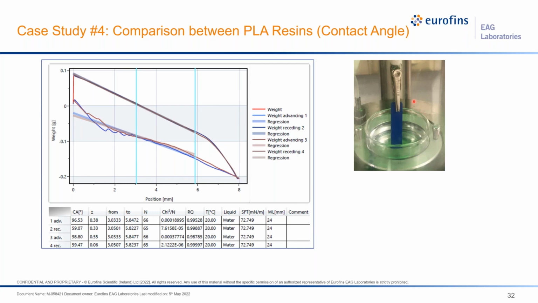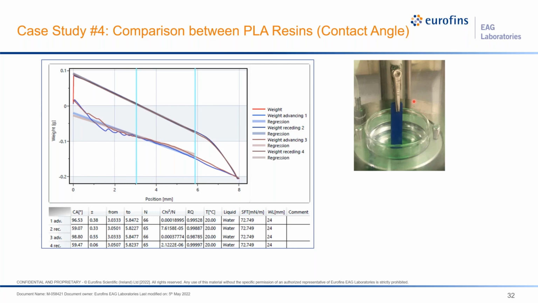So how has the surface changed now that it's been dipped in water, now that it has some water on the surface? How wettable is it now? And the difference between the advancing angle and the receding angle is contact angle hysteresis. So that's telling us a little bit how the surface is transforming due to water, right?